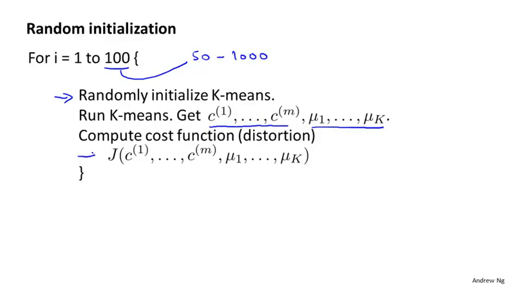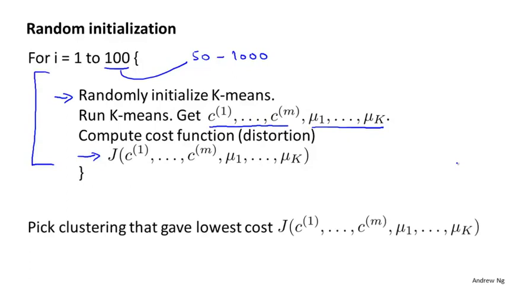We would then compute the distortion J, that is, compute this cost function, on the set of cluster assignments and cluster centroids that we got. Finally, having done this whole procedure 100 times, you will have 100 different ways of clustering the data. And then out of these 100 ways, just pick the one that gives us the lowest cost, that gives us the lowest distortion.